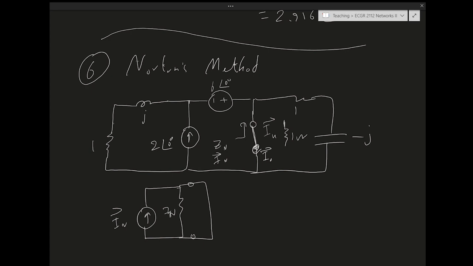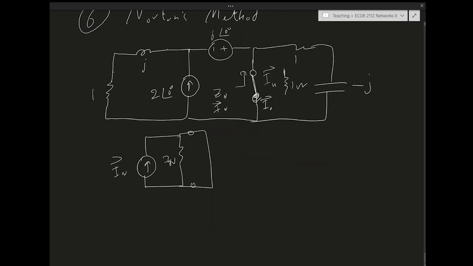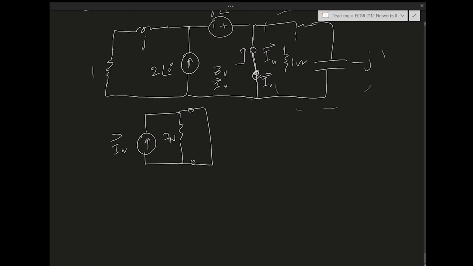So that's it. Instantly when you short this, this part of the circuit is taken out because it's shorted, right? So what we end up with, this is I Norton.